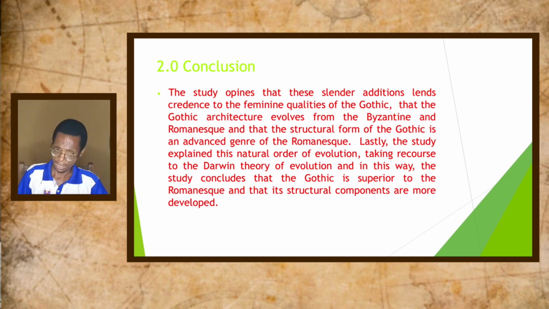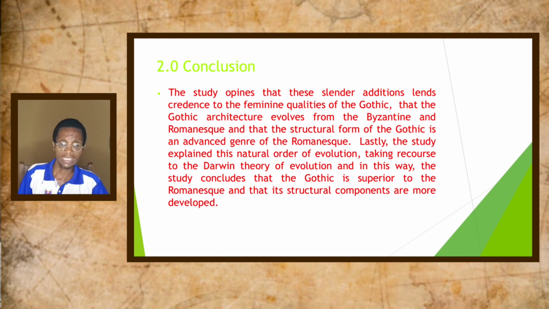So, in conclusion, the study opines that the slender additions lend credence to the feminine qualities of the Gothic, and that the Gothic architecture evolves from the Byzantine and Romanesque, and that the structural forms of the Gothic is an advanced genre of the Romanesque.